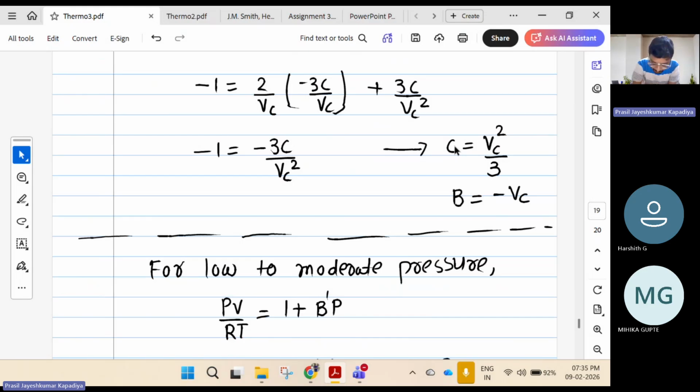So near the critical point, I can't escape with only B. I also need to include one more coefficient, or even more, for accurate predictions.